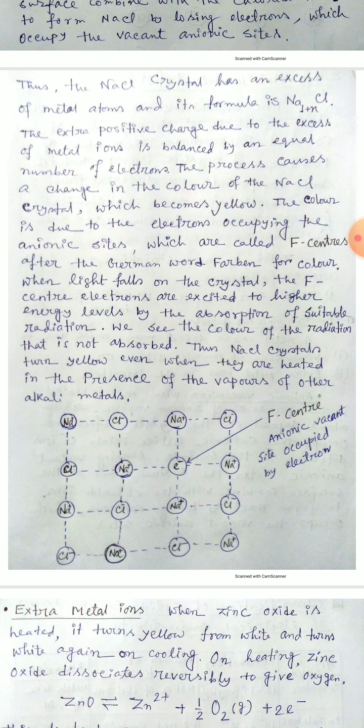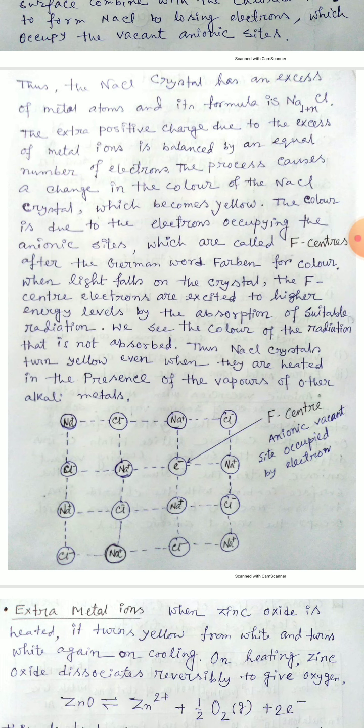When light falls on the crystal, the F center electrons are excited to a higher energy level by absorption of suitable radiation.